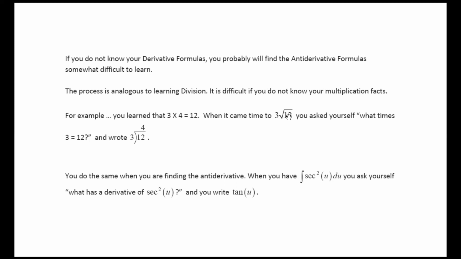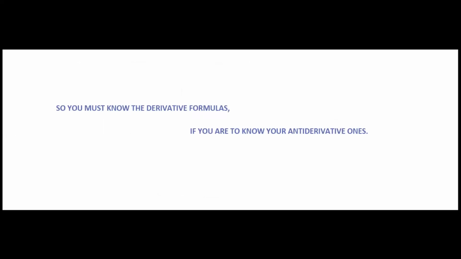What you did is you asked yourself, what times 3 gives you 12? And that's 4. And that's the same thing we're doing here. When we have the antiderivative of secant squared, we're asking ourselves, what has a derivative equal to secant squared? And it's tangent.